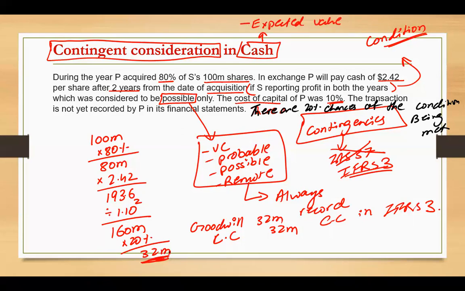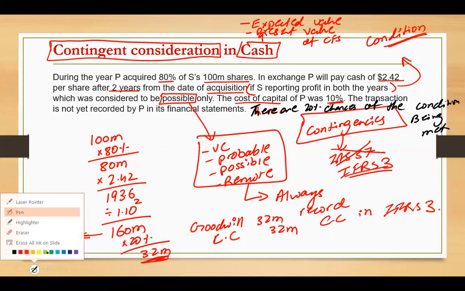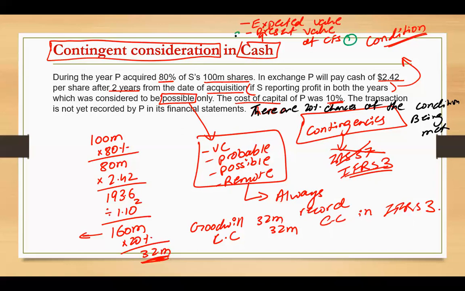32 is the expected value of the present value, which means $160 million of the cash flows. So first we are going to calculate the cash flows, then we are going to calculate the present value, and then we are going to calculate the expected value.